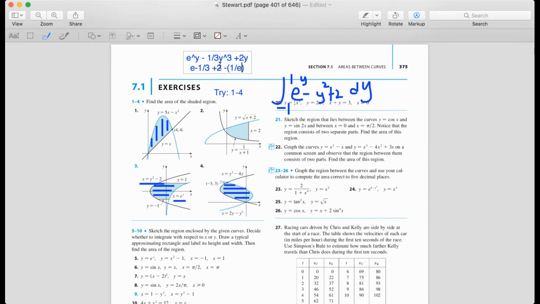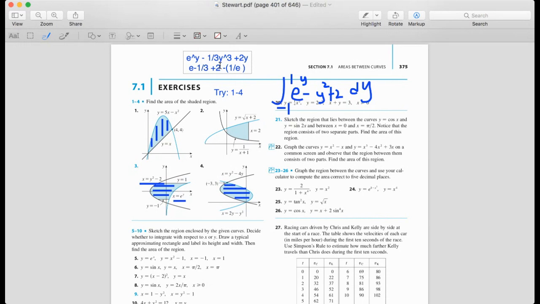And minus -1 to the power of 3 over 3. What is that? What's -1 to the power 3? -1. What's -1 times -1/3?